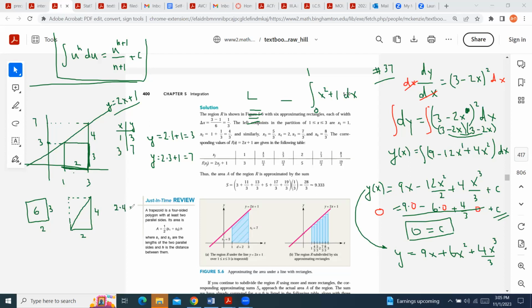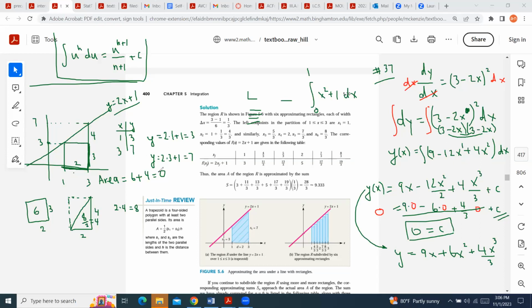Which is 8. But for a triangle, I have exactly a half because there are 2 equal triangles here. So this area will be 8/2 or 4. And then I can add these areas, so my area will be the sum of areas of two figures. One of them was 6, the other is 4, and this is 10. Right?